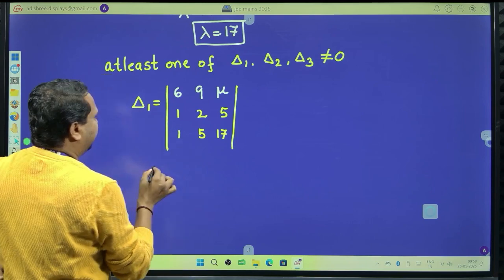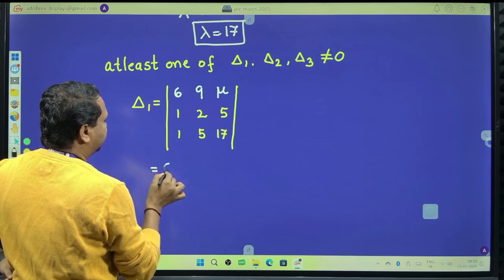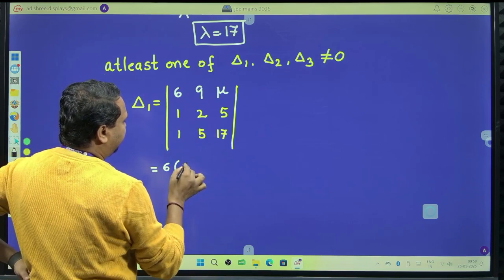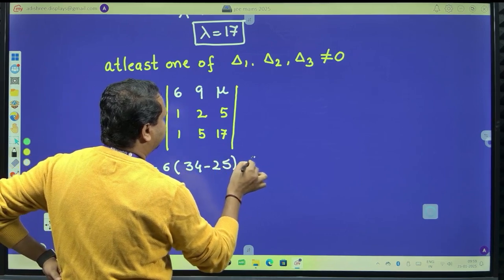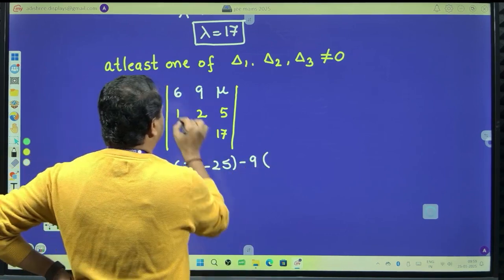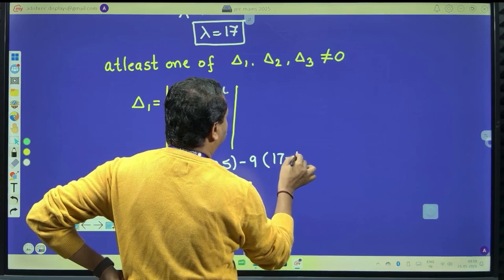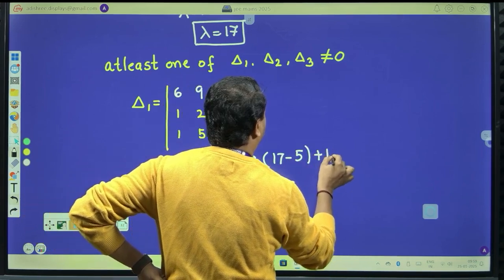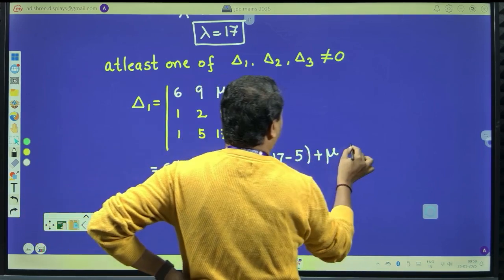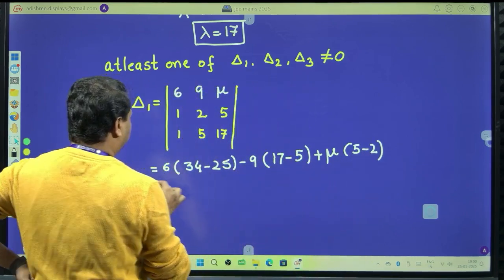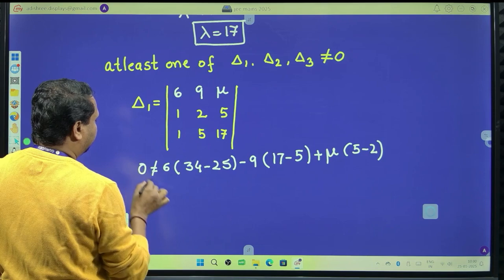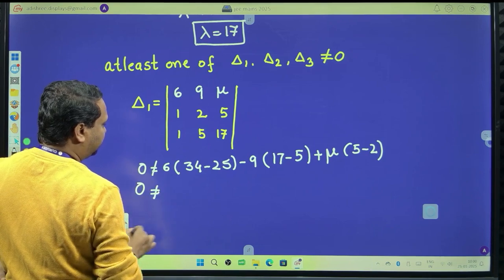So what we get? 6 times (17 into 2, 34 minus 25) minus 9 times (17 minus 5) plus mu times (5 minus 2), which is not equal to 0.